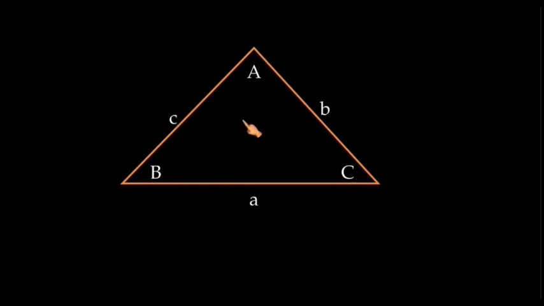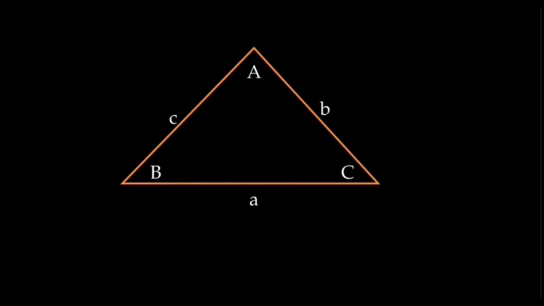We can either use the sine function, where sine of A divided by A equals sine of B divided by B. We did these trigonometrical functions. We also discussed the cosine function and its formula, and how we can use it to find any of the sides in our diagram.